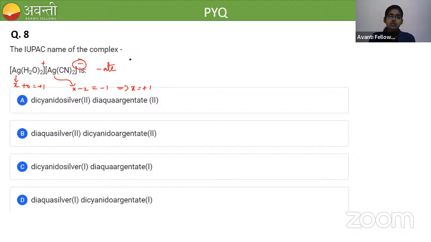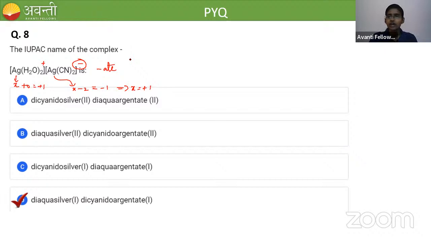So it is dicyanidoargentate. For silver, we have to use argentate if the complex is anionic. Got it? So the correct answer will be diaquasilver(I) dicyanidoargentate(I). Option D will be the correct answer.